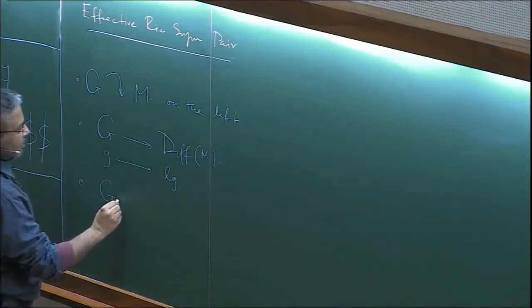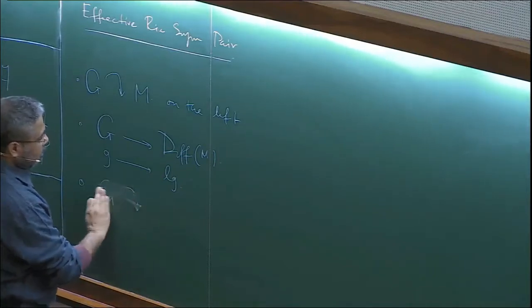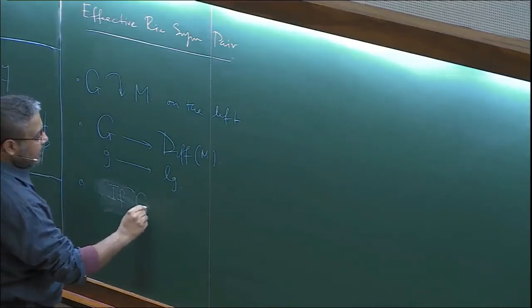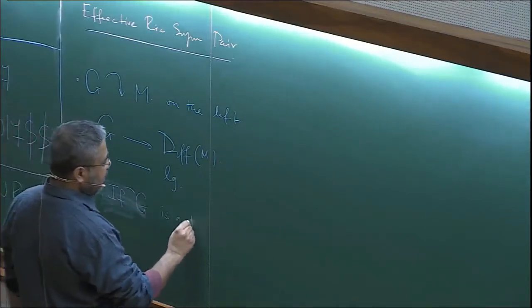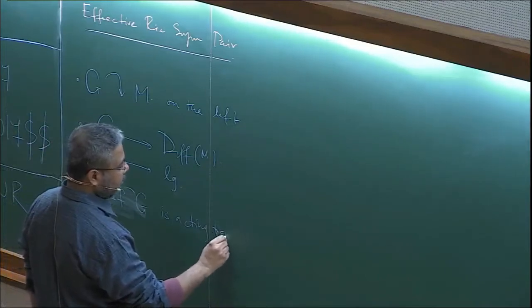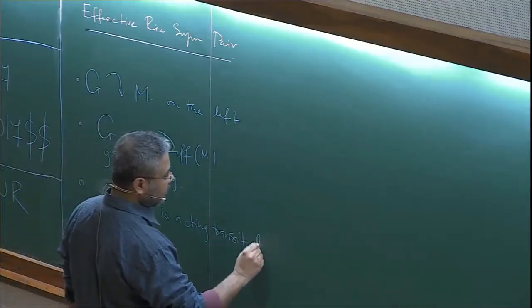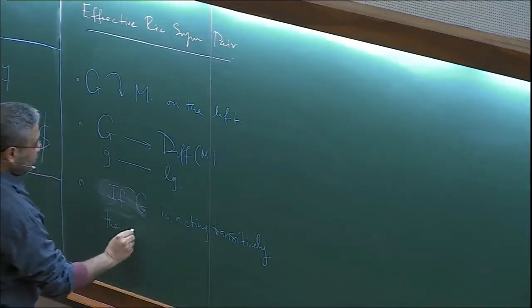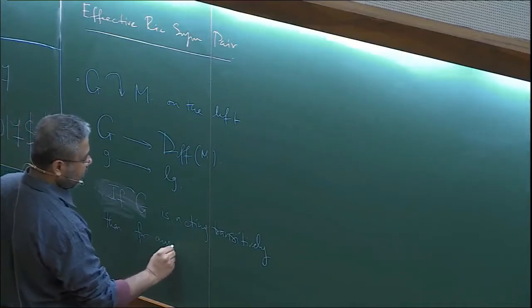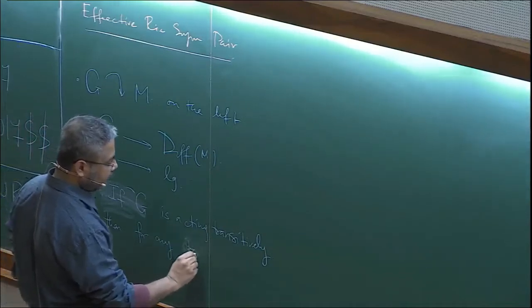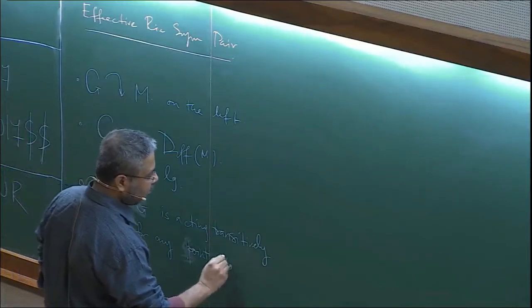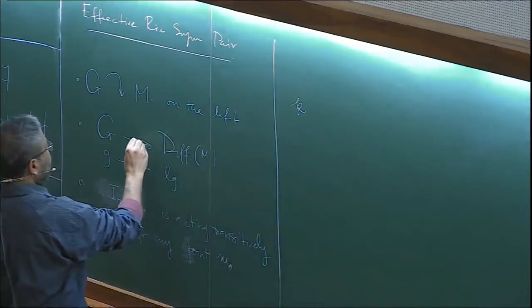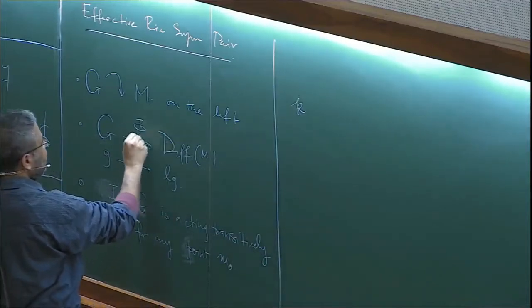So if G is acting transitively, then for any point M0, the kernel of this map, let's call it phi.